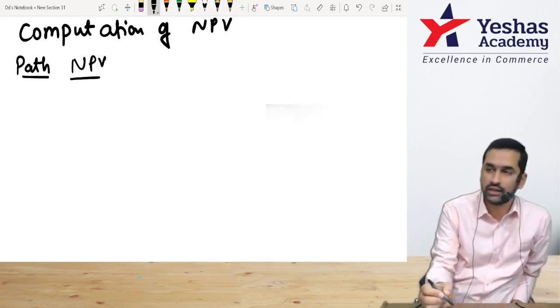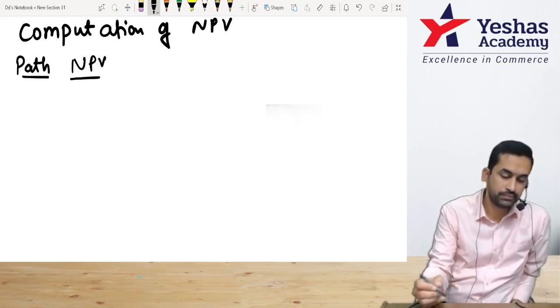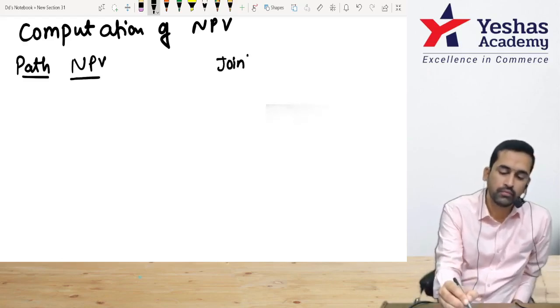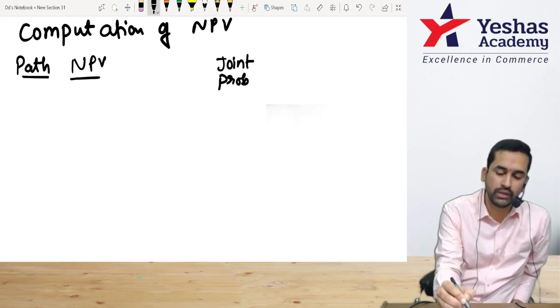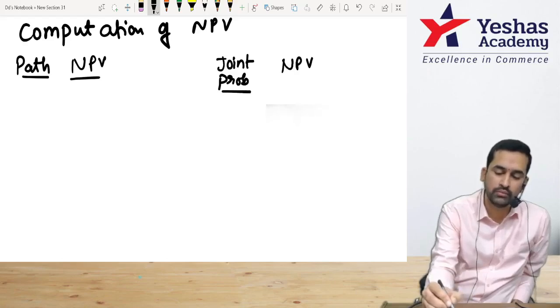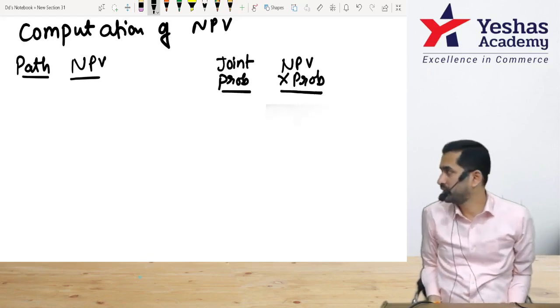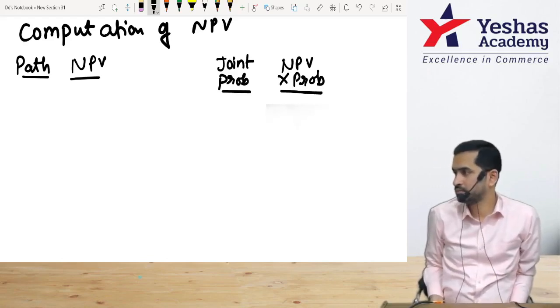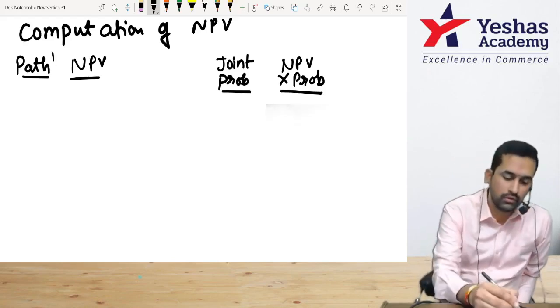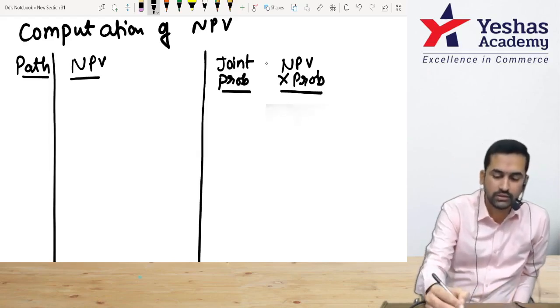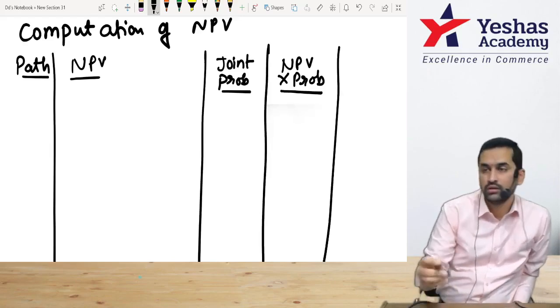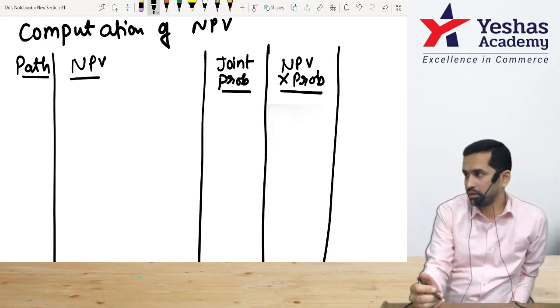Next, slightly bigger column, NPV. Then joint probability. Last column, NPV into probability. I will show one path. First understand slowly, then you can copy.